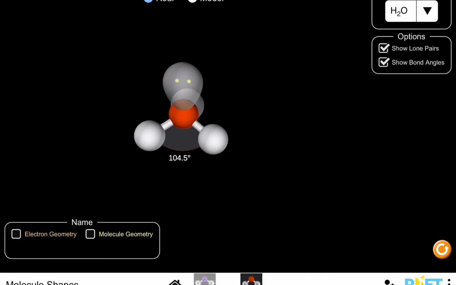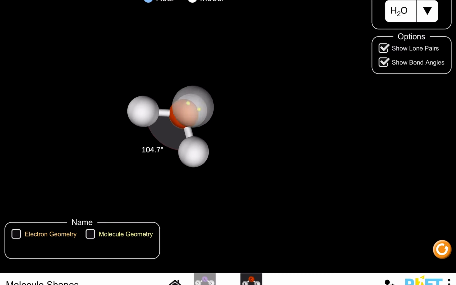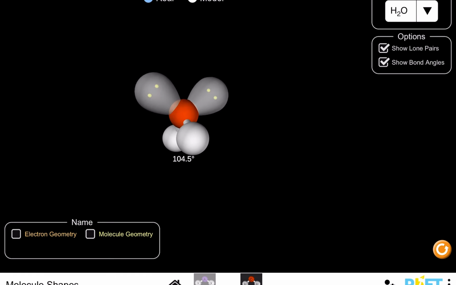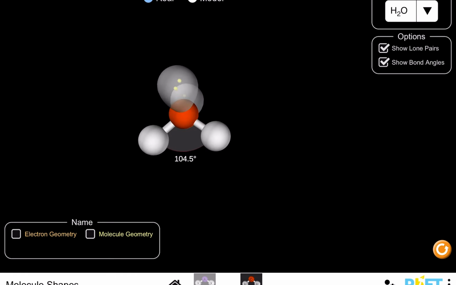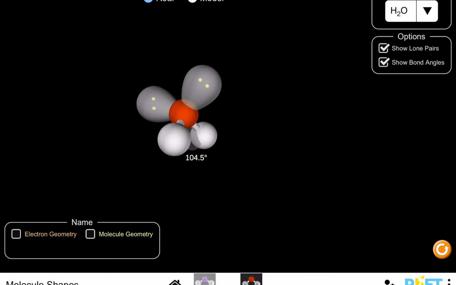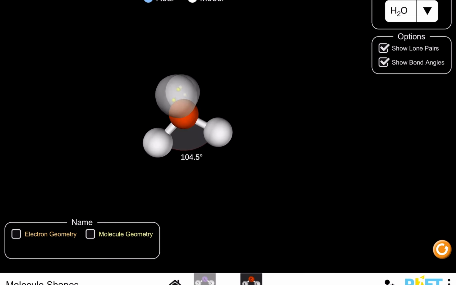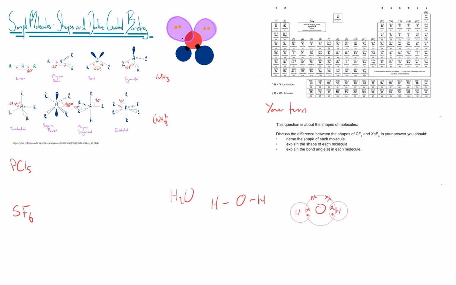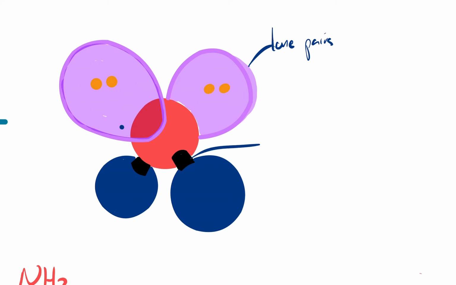Now you can see we've got these lone pairs in there as well. These lone pairs actually repel more than the bonded pairs, so they squeeze the bonded pairs together. I've drawn a little diagram of that here. We've got lone pairs of electrons and bonded pairs.